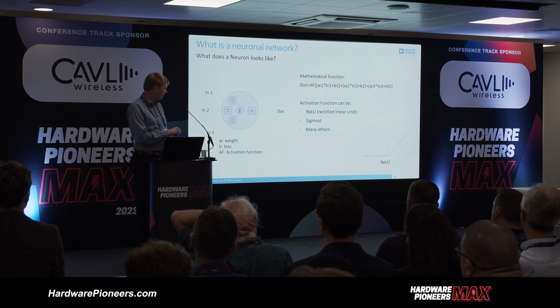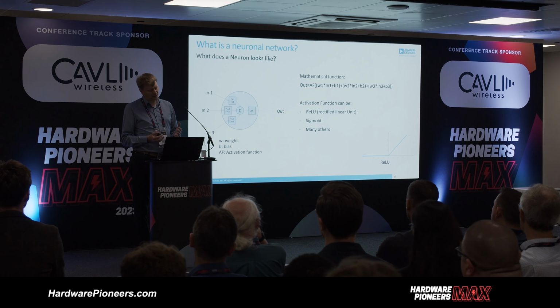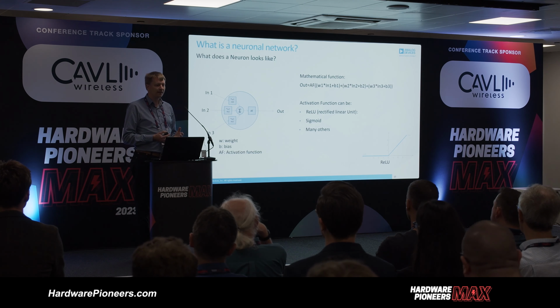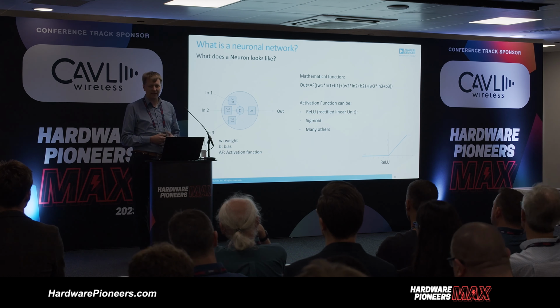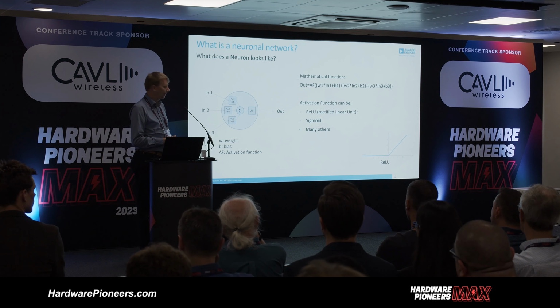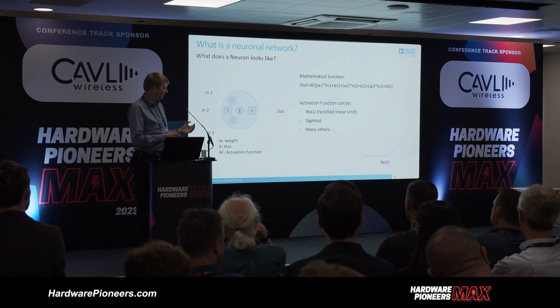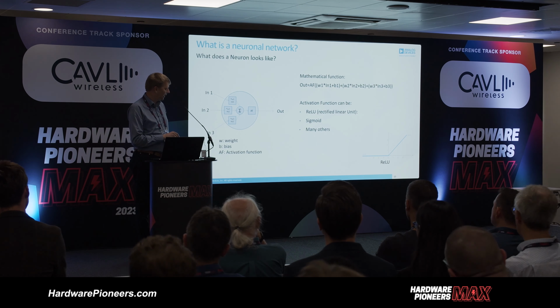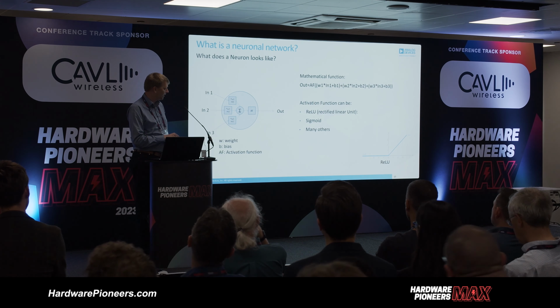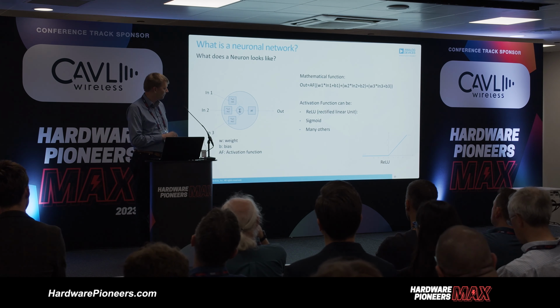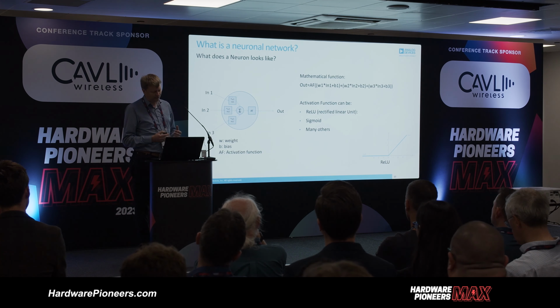And then we have an AF, which is an activation function. That's because we want the neuron only to be fired if the input is meaningful to that neuron, right? There are different activation functions available. For instance, there is the rectified linear unit, sigmoid, and many, many others. It's not really relevant to us for the moment.